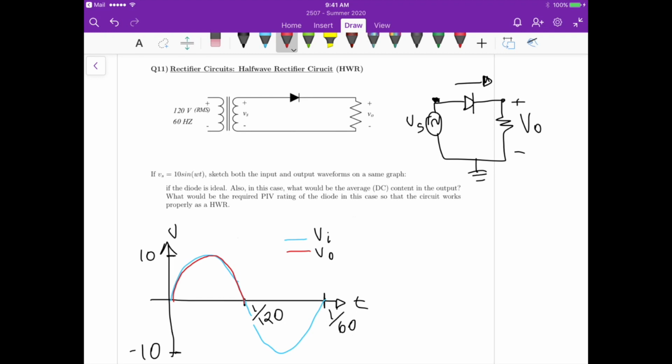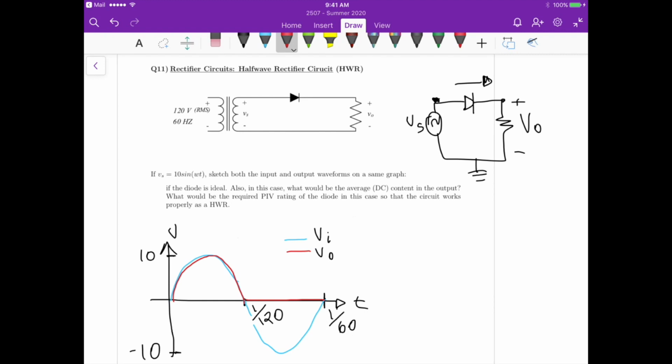If it's reverse biased, it becomes an open circuit and no current will flow, so the output voltage would be 0 from 1 over 120 up to 1 over 60. So this is the graph, with the input and the output.